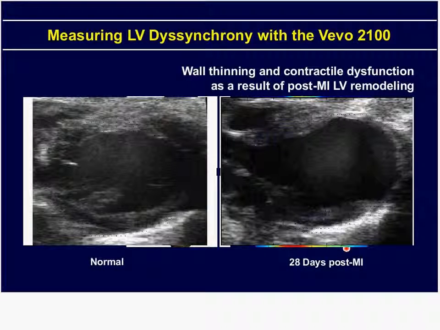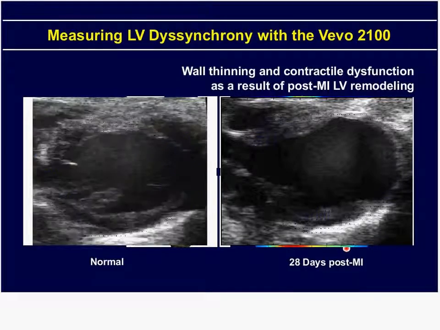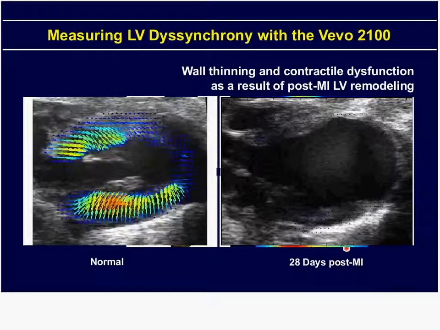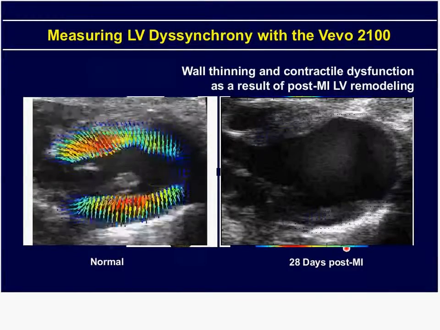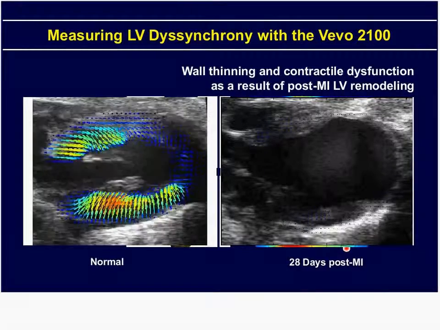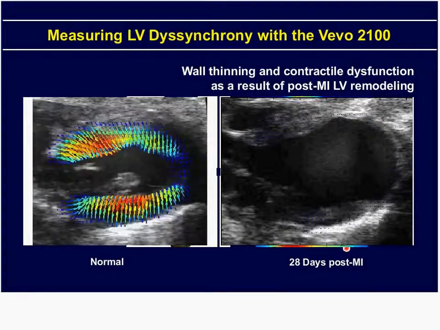So we've got a couple of additional cines to show you here in a normal mouse. This is using a post-hoc analysis to see strain through the wall throughout the cardiac cycle.